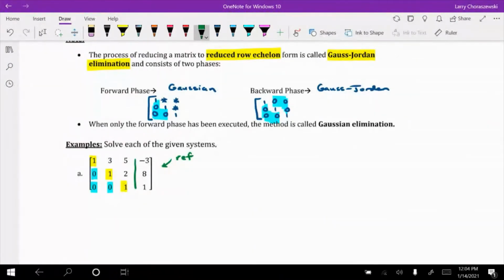We have a couple of options here. We can do some row operations to convert it to RREF, or we can just take a look at what the rows are telling us in the context of an equation to solve for the variables. Let's imagine that the first column corresponds to the variable x, the second column to y, and the third column to z.